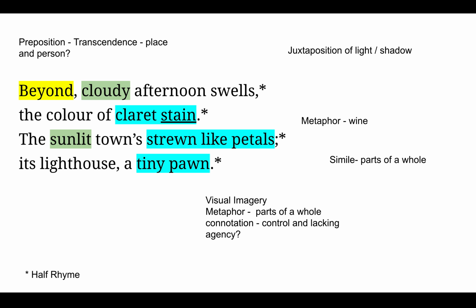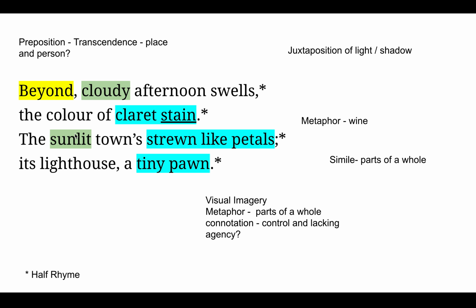Something to ponder. It could just be that it is the sun and the redness of the sun, or the claretness that comes from the clouds being there, that make it red. So that might be where the word stain is coming from. It could be both. You need to be able to articulate your understanding.